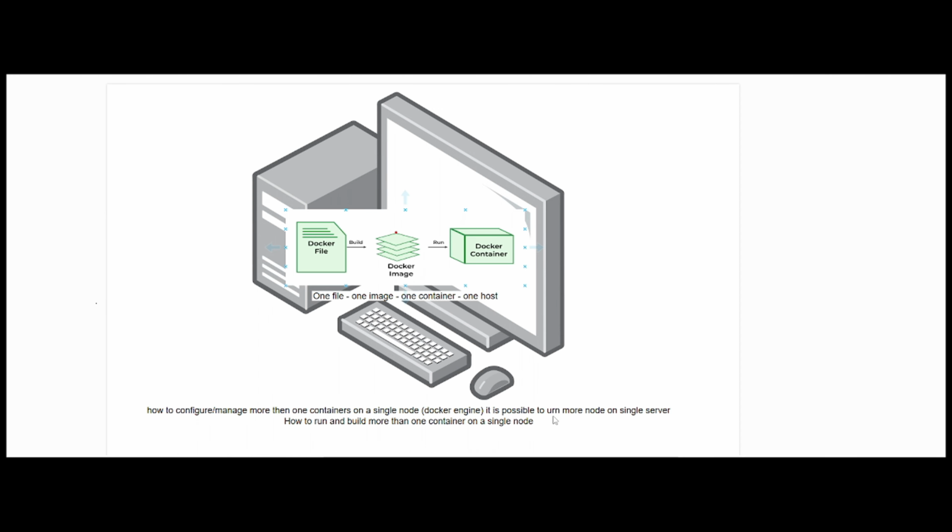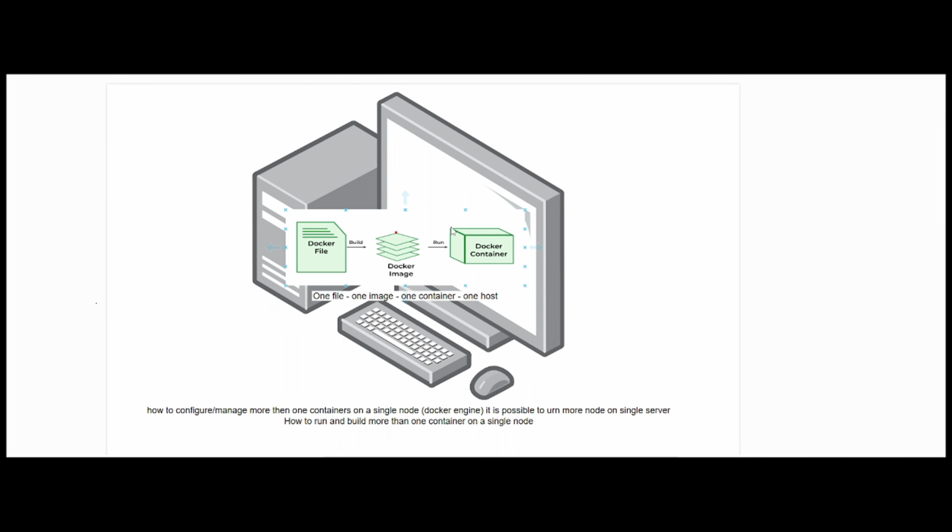Is it possible to run more than one node on a single server as well? Yes, you can run more than one Docker engine on your single machine. But how to run and build more than one container on a single node? This was very critical and very challenging.